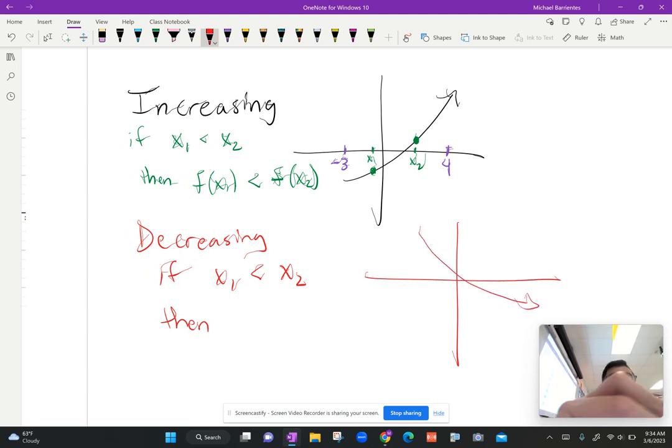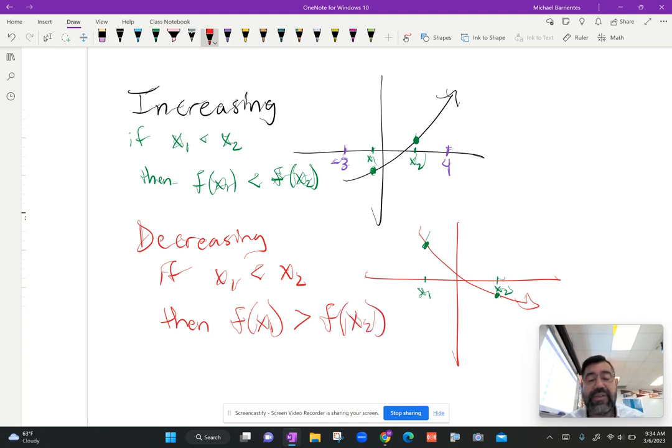If I pick any two x values, let's say I pick x1 here, and I pick x2 here, it doesn't matter where I pick them. If I know that interval is decreasing, if I can pick any two x values, then the y value or the function value at x1 is bigger than the y value or the function value at x2.